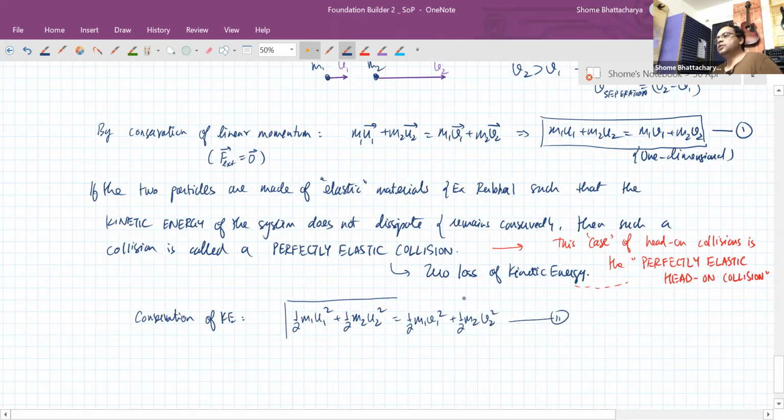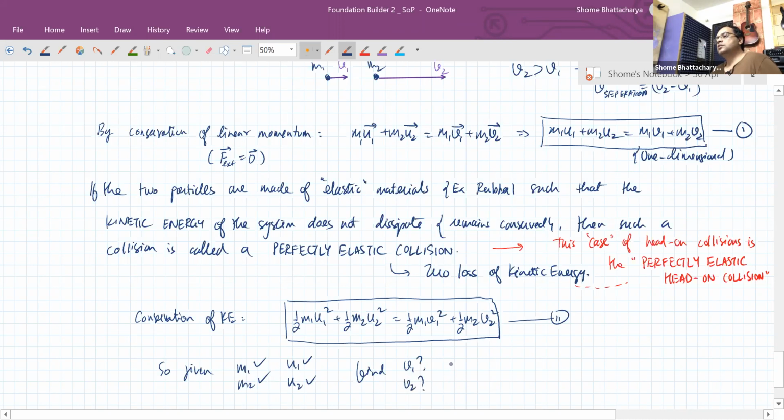This is the second equation after the linear momentum conservation. Given that m1, m2, u1, u2 are known to us, we can find the final velocities for a perfectly elastic head-on collision.